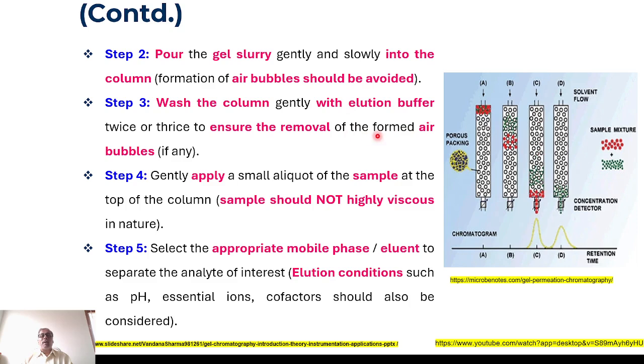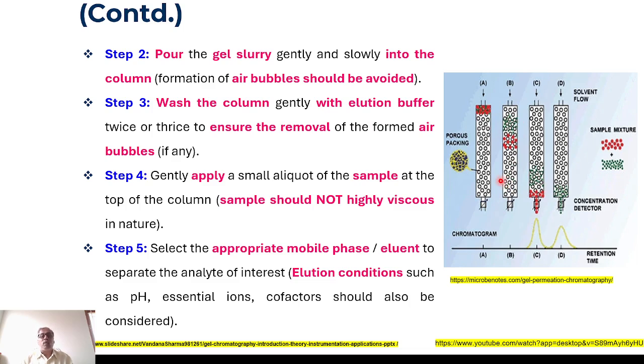So it's not mandatory that you have to use a mobile phase separately and elution solvent separately. Sometimes the mobile phase itself can act as a good eluent. So it all depends upon the molecule which you are going to separate, right? So step 3, you wash the column with appropriate mobile phase or elution buffer.